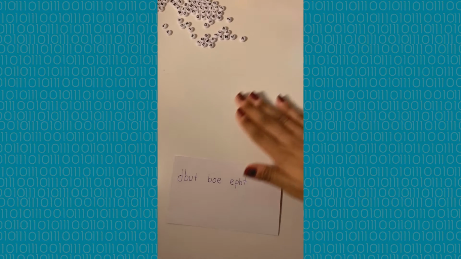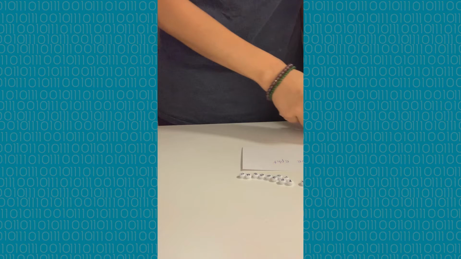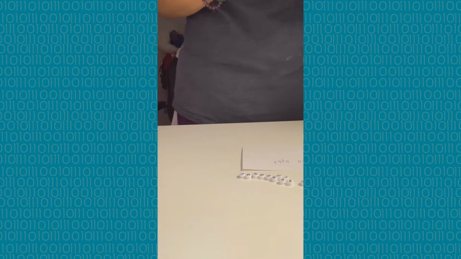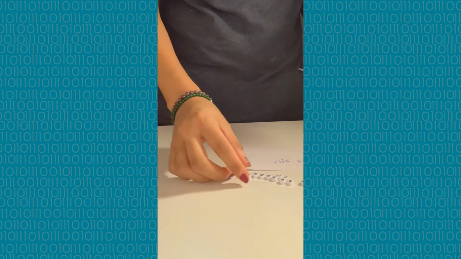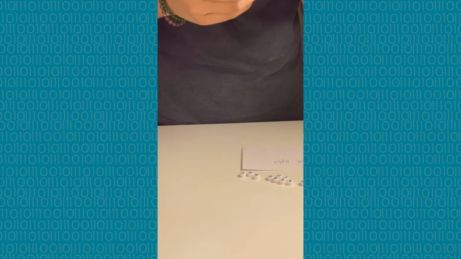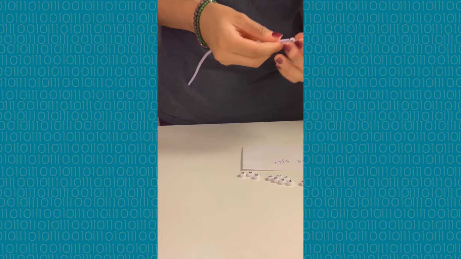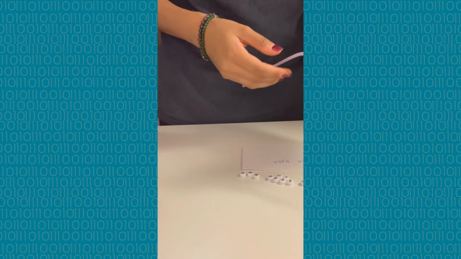Now that you have all the letter beads you need, let's begin assembling our encrypted message. Let's begin with the first word of our encrypted message. Our first letter will be D. Following D will be B, U, and T.